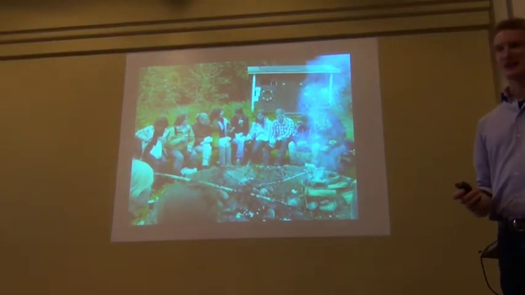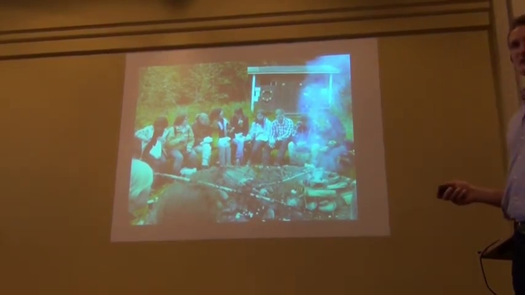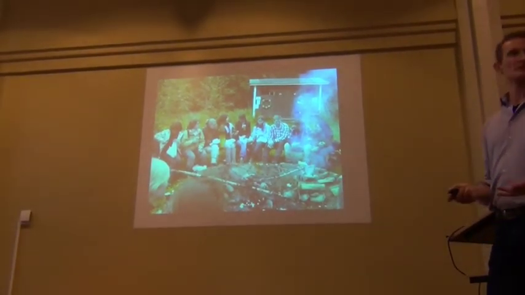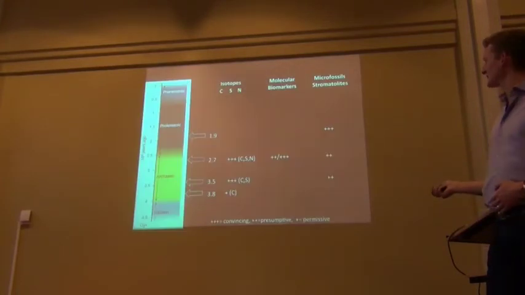Now, isotopes are important, but in geology we have to work as a team. Here's a team of geologists on a field trip in Finland. We have to bring our results together from different approaches. People use different ideas.